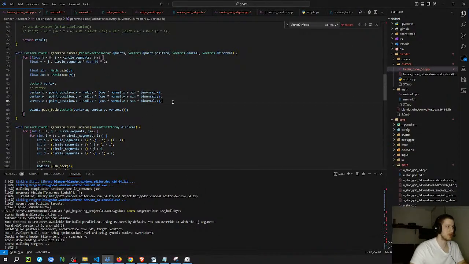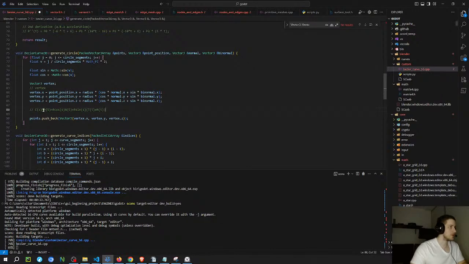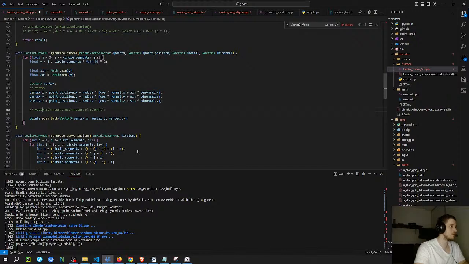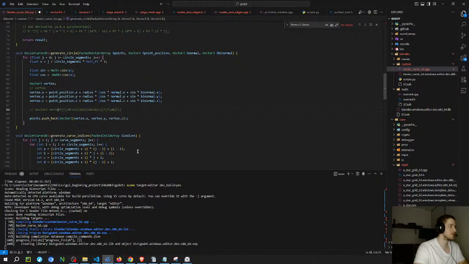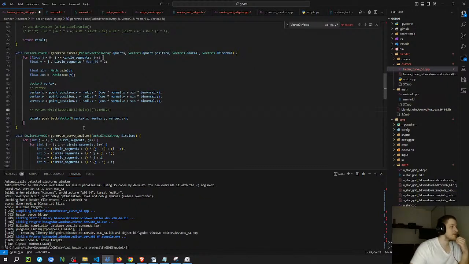So let me, I probably have it here, but I'm gonna ask again. This is the equation that ChatGPT gave me the first time, I think. Which is just gonna be, so this would be vector 3, vertex, or actually just vertex. So it's the first point, point position, plus the radius times the cosine of s.